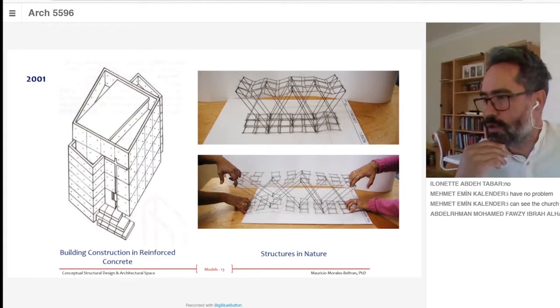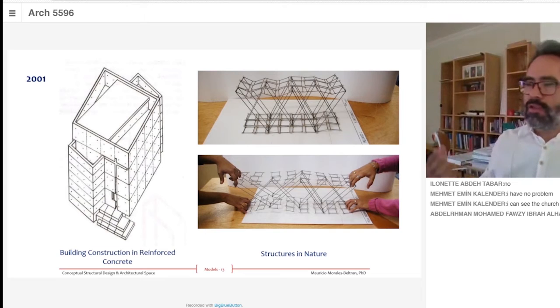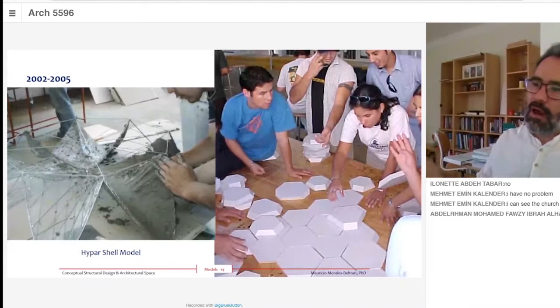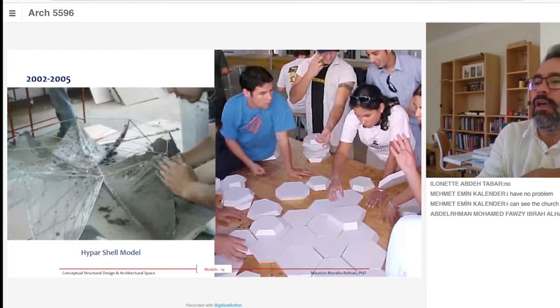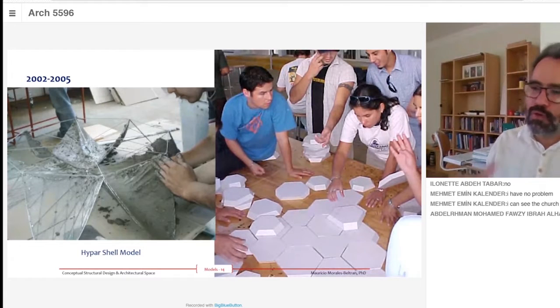But at the same time, I felt that we needed these two fields to be combined. So in the next year, I gradually started introducing models in the course about concrete. The students started putting their hands on and making things. Of course, it was still very much constrained by the objectives and the subjects of the course.